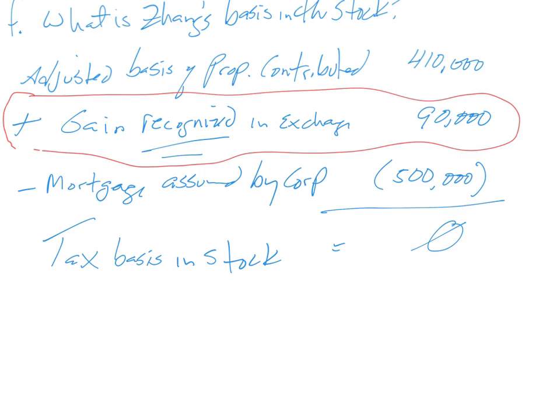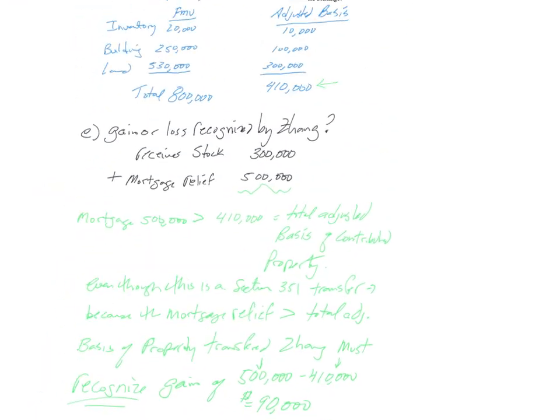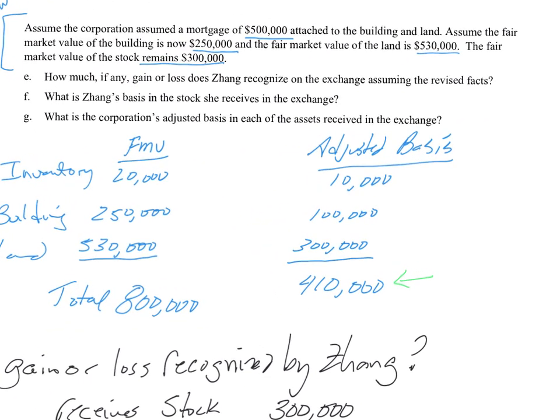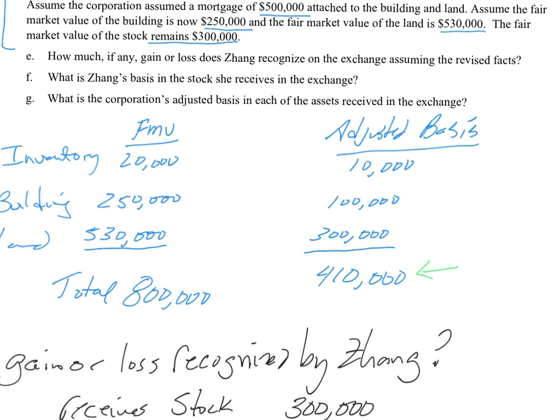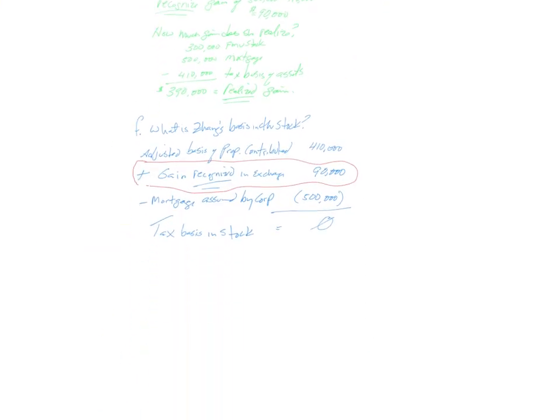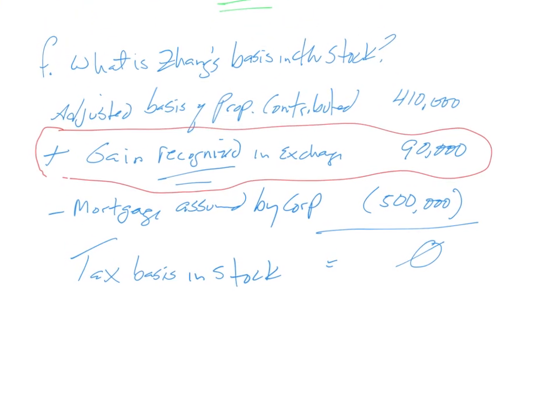And then part G, way up here, what does part G ask us? Oh, what is the corporation's adjusted basis in each of the assets received in the exchange? All right, so now we're looking at the corporation's perspective.